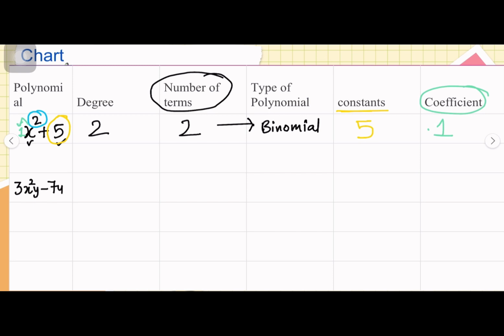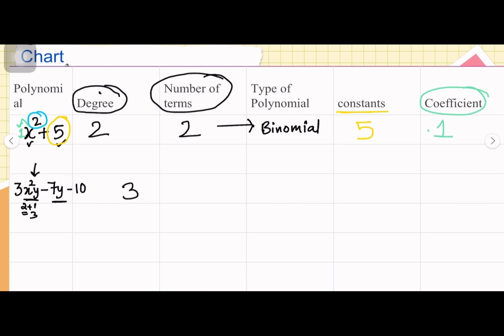Now another example. To find degree, degree means the highest exponent of variables, so you check the variable's exponent. Now in the first term there are 2 variables and it is 2 plus 1, which is equal to 3. So the highest becomes 3. Number of terms is also 3, and type of polynomial is trinomial.